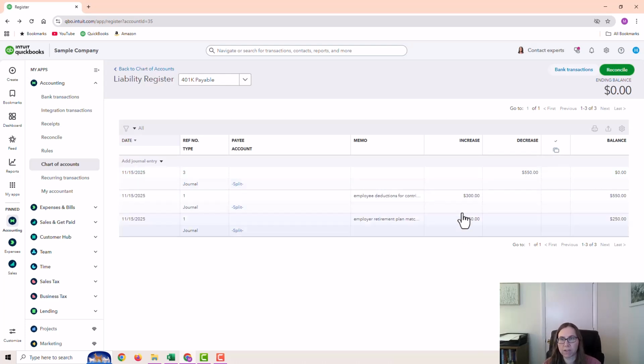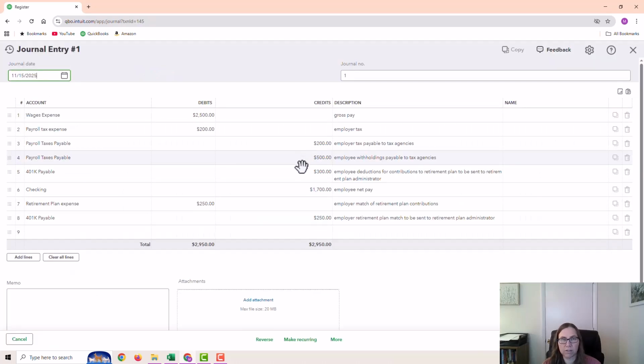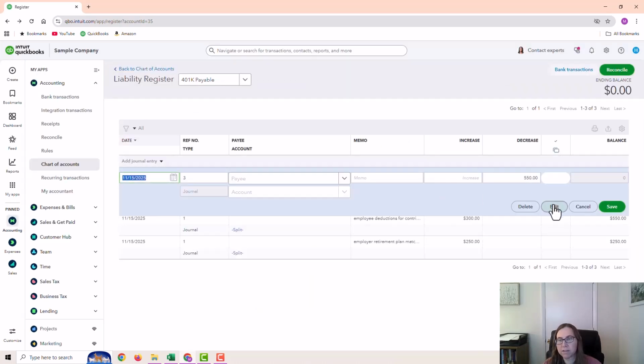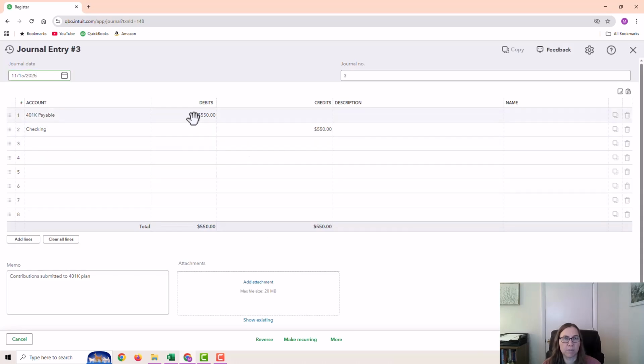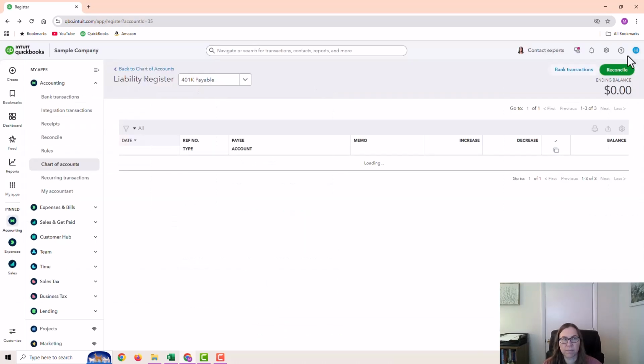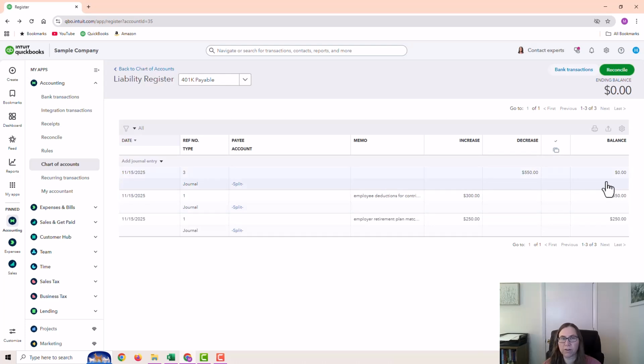So these are credits to a liability account if you want to know the debits and credits, which we saw in the journal entry here, here, right here, and here. And then when you pay the liability, that is a debit to the liability account. Okay, so hopefully that was helpful.